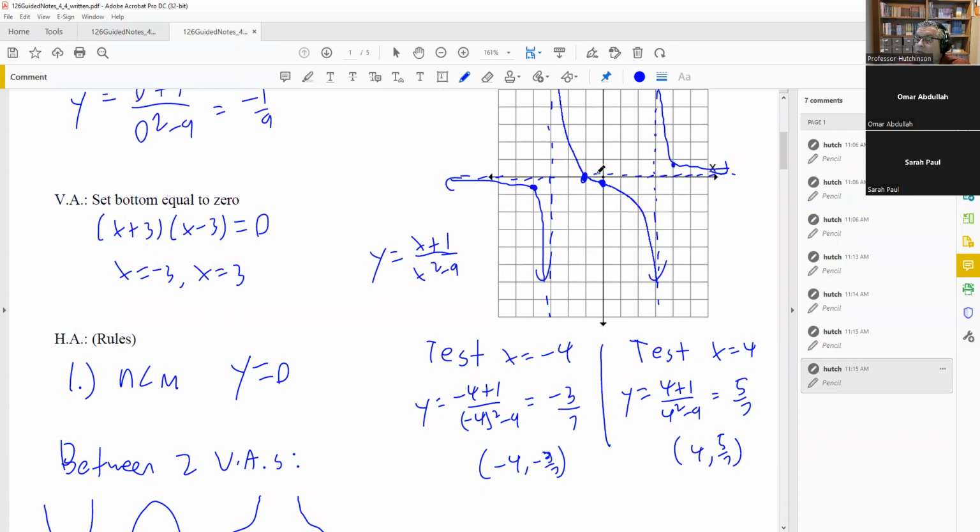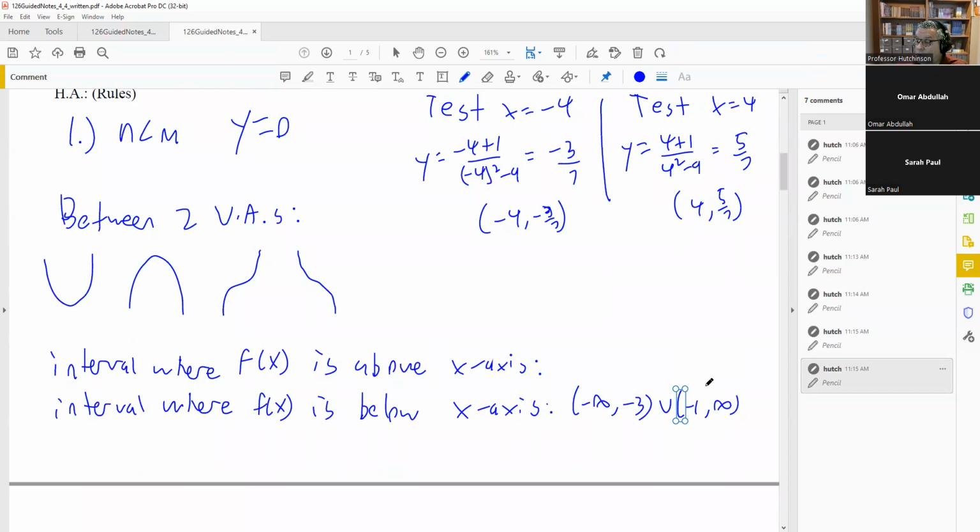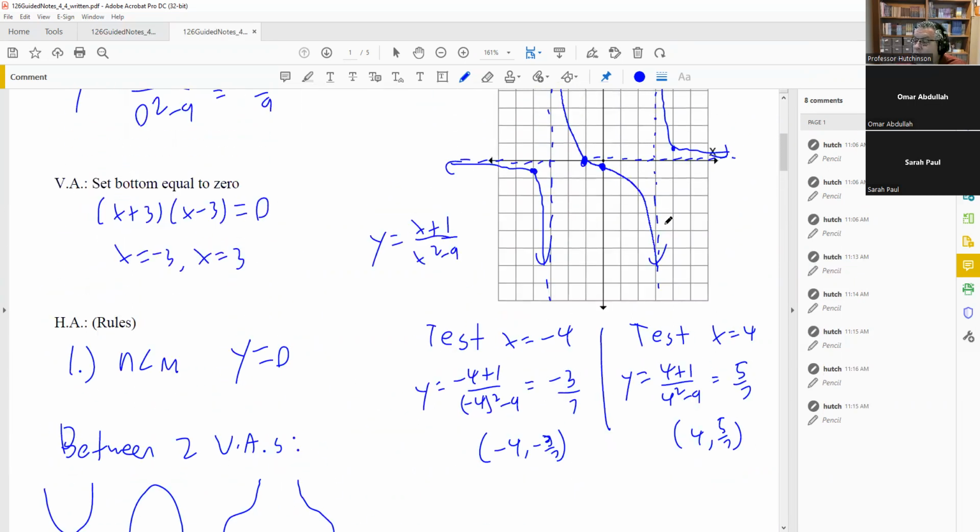So on these x values, the graph is below the x-axis, from the x value -1 to the x value of 3. Sorry about that, I put infinity, but that should have been 3. Apologies there. So -1 to 3 is where that graph is below.